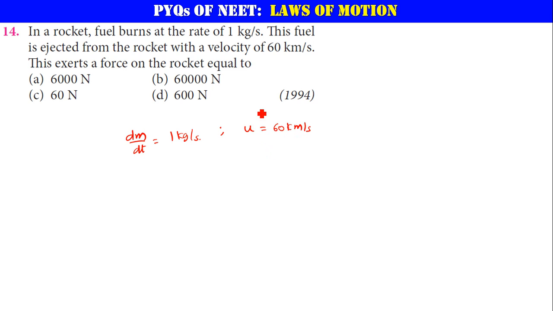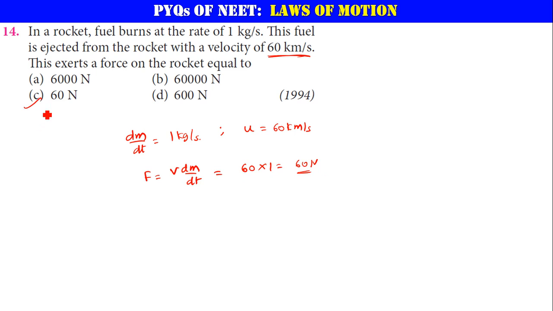Next, this exerts a force on the rocket equal to, so here the force F is equal to V dm by dt. The other term will become 0 because velocity is a constant here. What is V? 60 km per hour into dm by dt, 1 kg. So 60 newtons is the answer, isn't it?